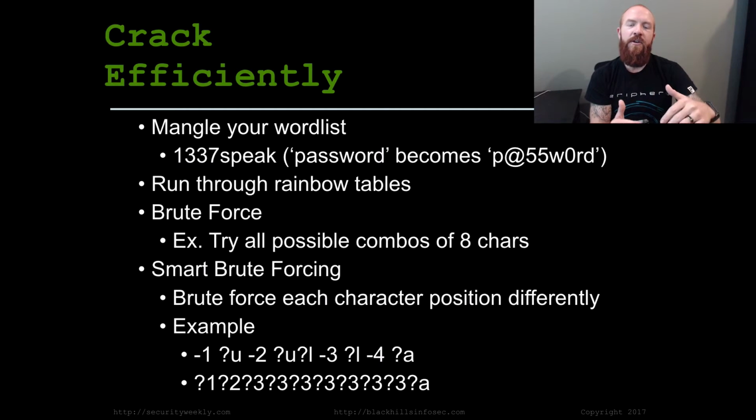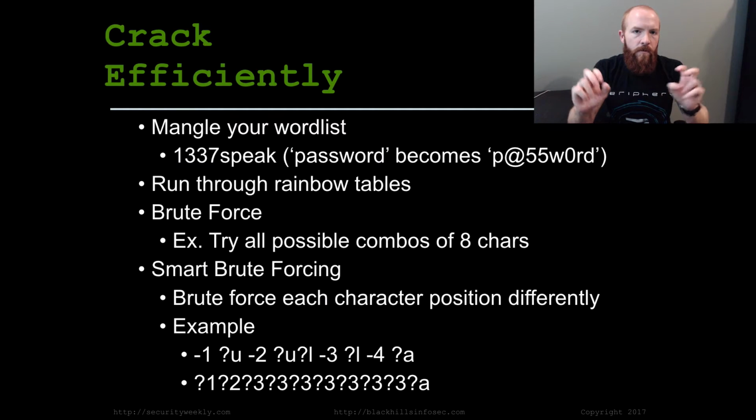If you're not trying to crack 20,000 passwords, then go run them through your rainbow tables. You might have some hits there, and then usually near the end, I start doing brute forcing. But I typically go with a smart brute forcing approach, where you're brute forcing certain character sets for each specific spot in the password, right?